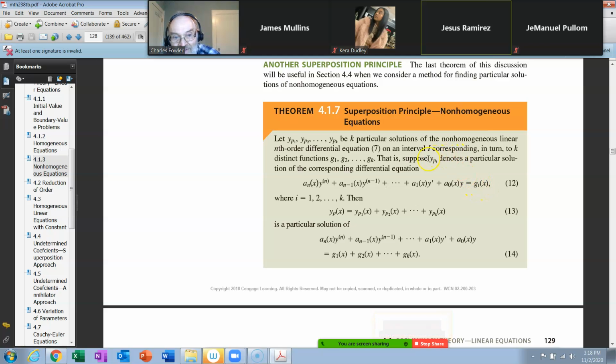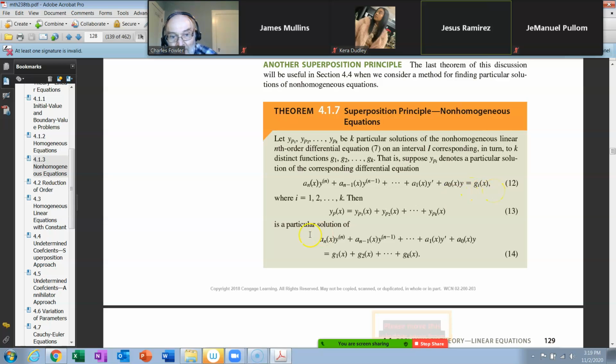So the y sub p sub i corresponds to this g sub i on the right hand side, and this i can be anywhere from 1 to k. Those are your k particular solutions. If that's the case, then your overall particular solution is the sum of all those k particular solutions corresponding to these k g of x's.